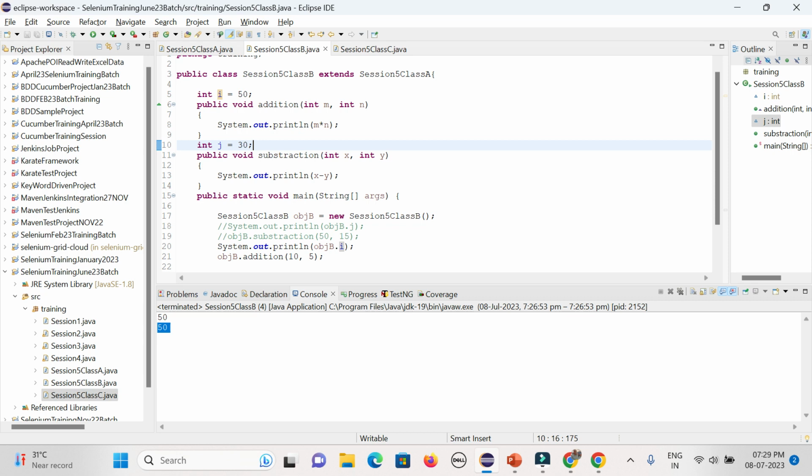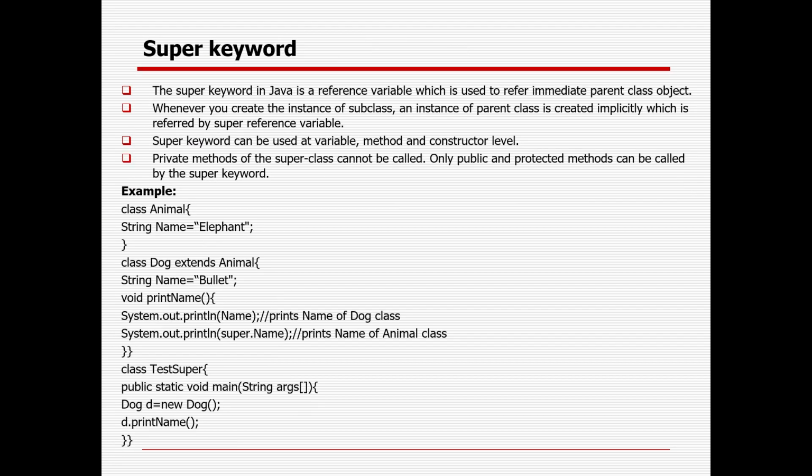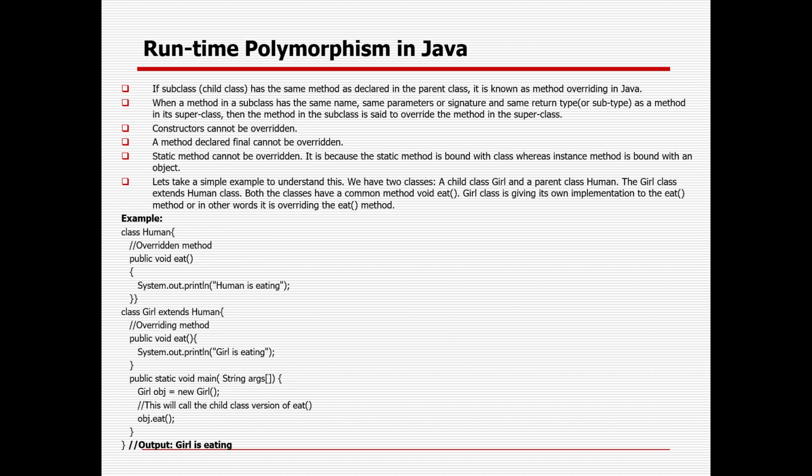But the next question will come: Java generally does method overriding in case the same thing is available in the parent and child class. But still I want to access my parent class properties, right? Then what is the possible solution? To do that, we need to take help from the super keyword which is available in Java.